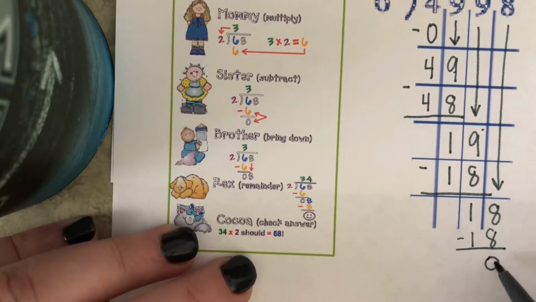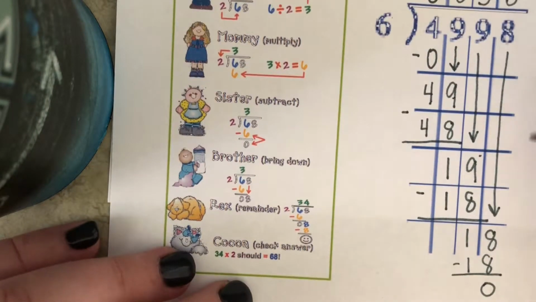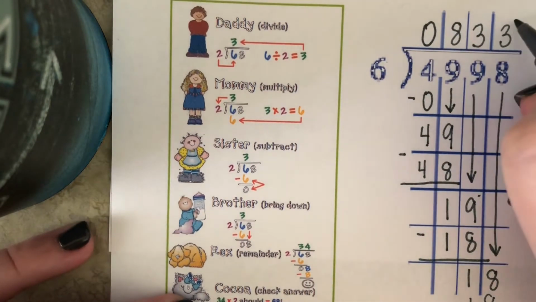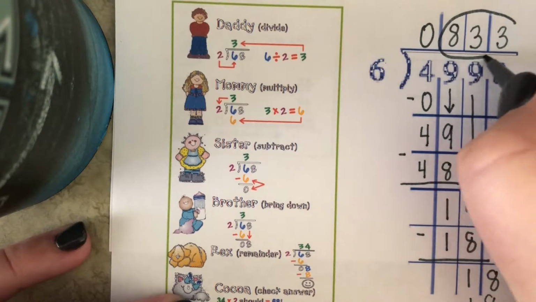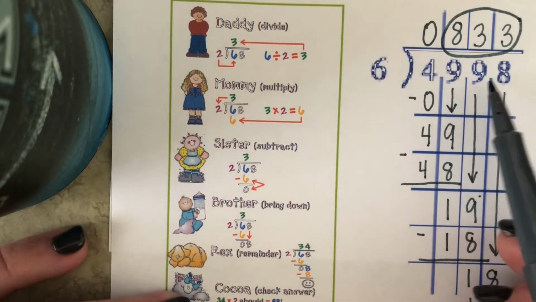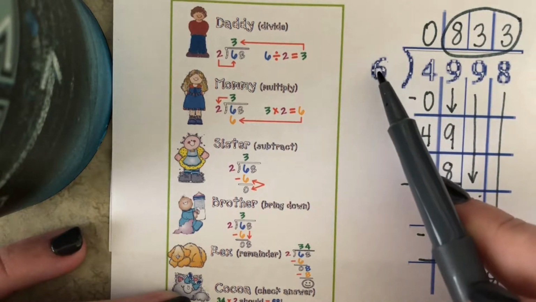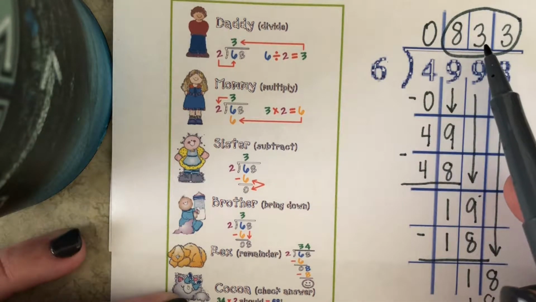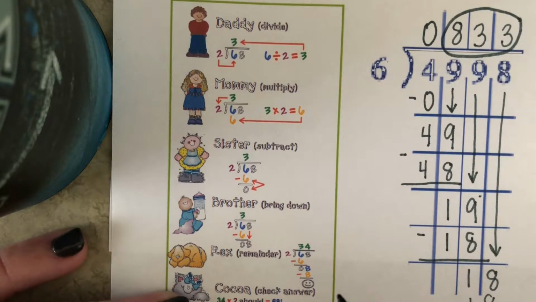Subtract, now I get 0. I have no remainder, nothing left to bring down, so my answer is 833. Here we go, 4,998 divided by 6 equals 833.